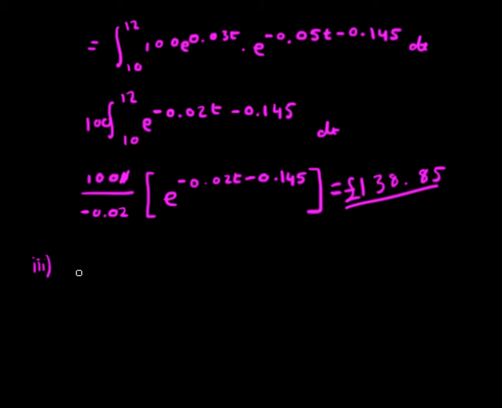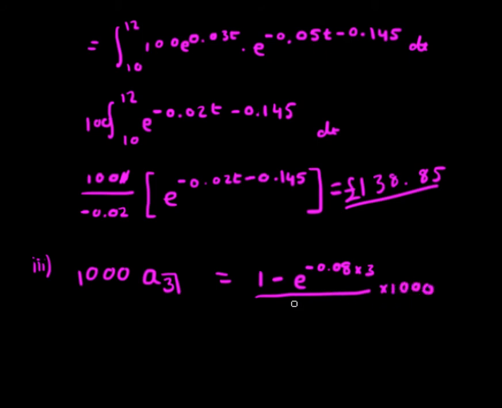Now we have, it was of 1,000, and we're doing a angle 3, and we're just trying to find the present value there. So all that is it would be 1 minus normally v to the n, but instead we know that v is e to the negative 0.08 to the n, which is 3, and then we just have to divide it by i, and then we're going to times it by 1,000. Now, how do we find out what i is equal to?